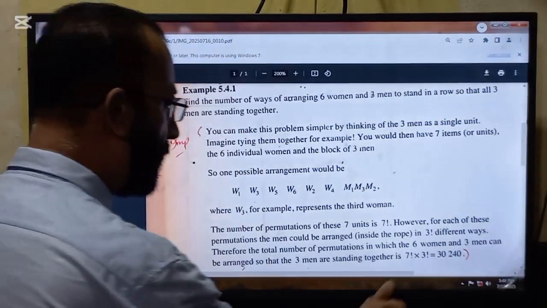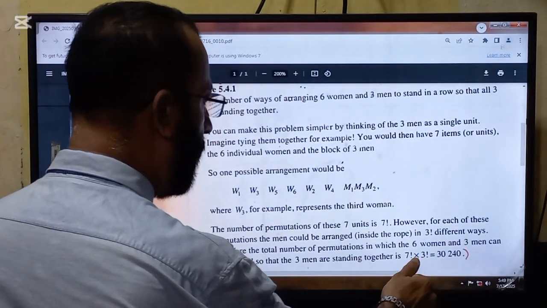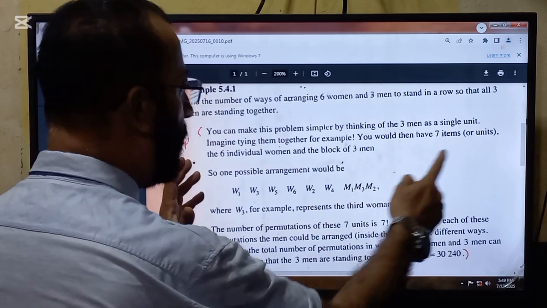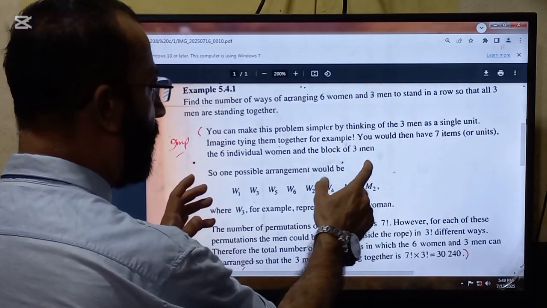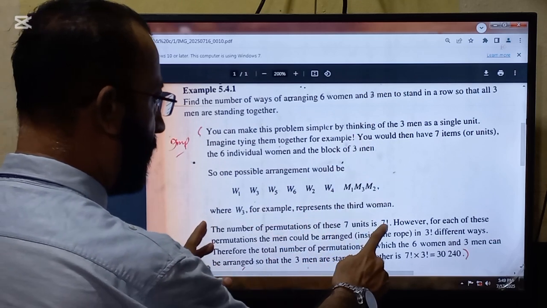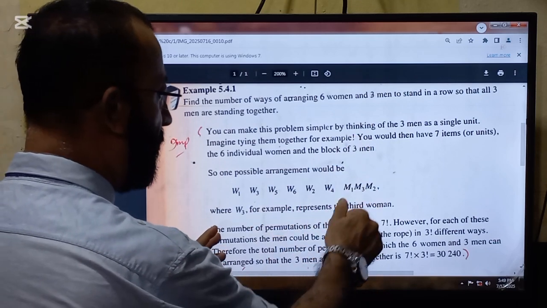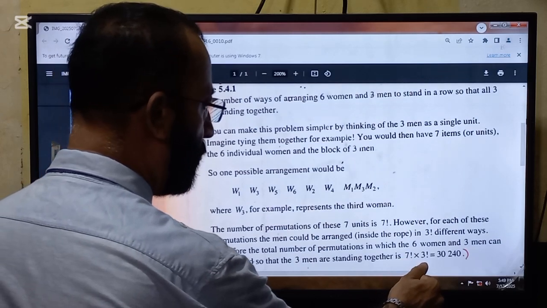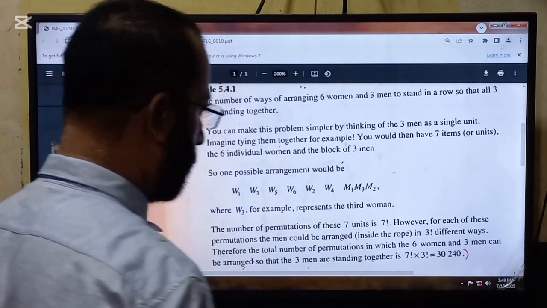And in total, there were 7 units, including the 3 men's block and 6 individual women. So that was 7 factorial. And the men can be arranged in 3 factorial ways. So 7 factorial times 3 factorial will give you the answer.